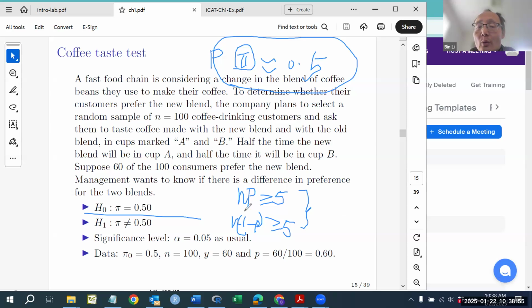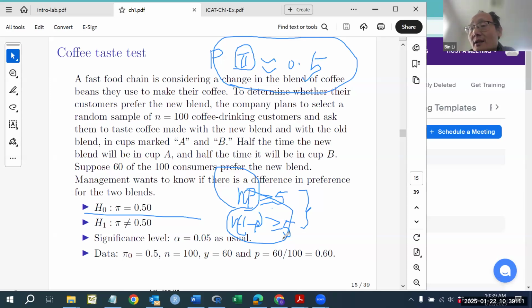statisticians have found that when n times the sample proportion is no less than 5, and n times 1 minus p is no less than 5, we have a good normal approximation.